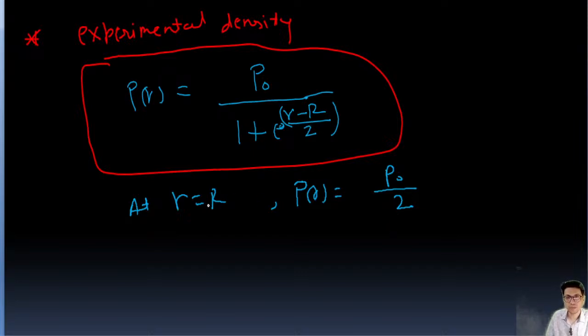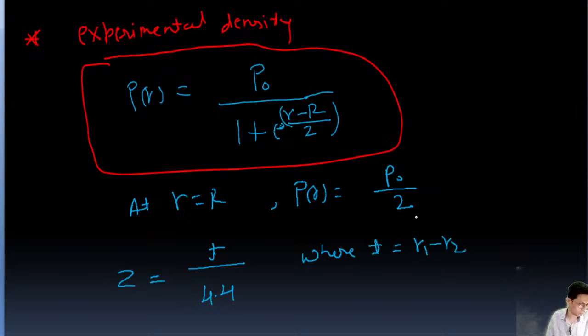And here z value is going to be t by 4.4, where value of t is r1 minus r2. Okay, I'll make a graph, then it will clear your doubt.